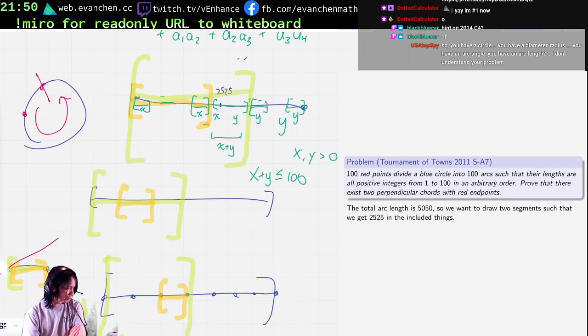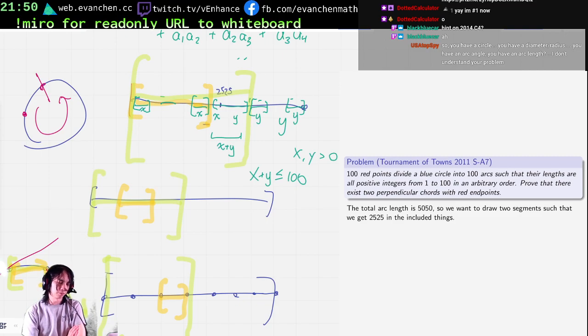You have a diameter, radius, an arc length, an arc. So the circumference, let me put it this way. The circumference of the circle is promised to be exactly 5050.